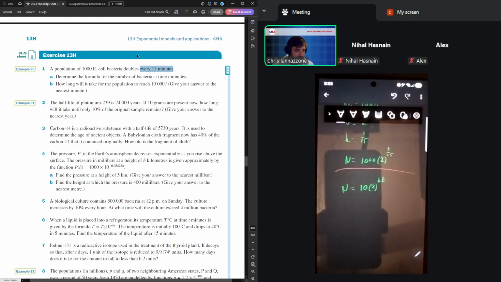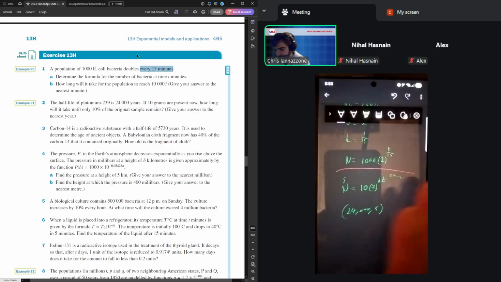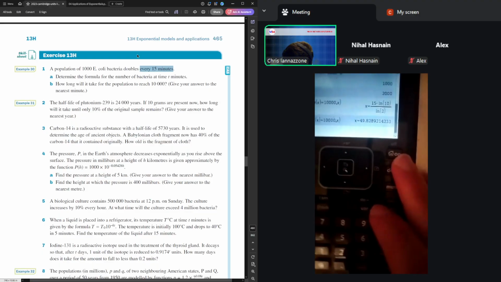So if we started with 10, we're now going to have 5. That is the point (24,000, 5): an x value or time value of 24,000, and a y value or mass value, in grams, of 5. Plug in 5 here, plug in the 24,000 there. The only thing left is k. So let's do that.